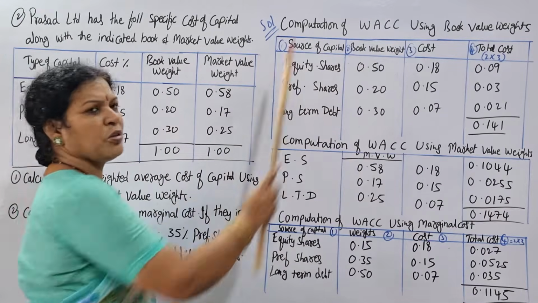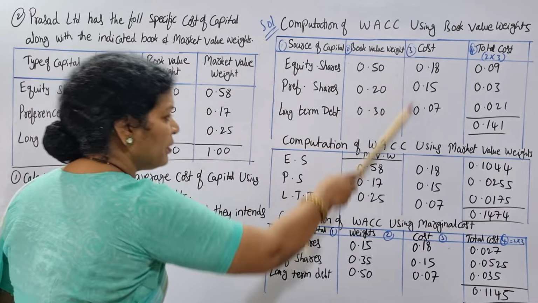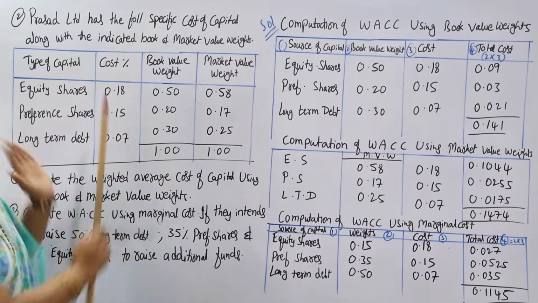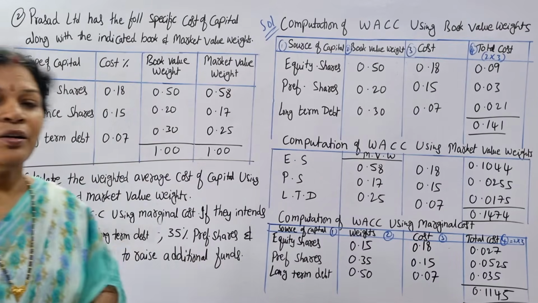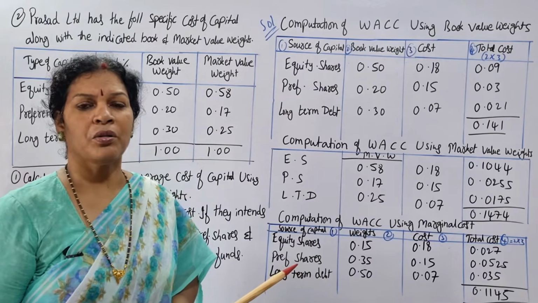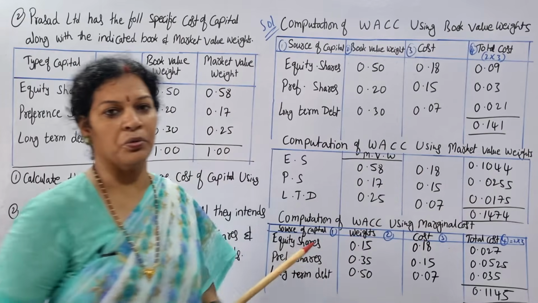The third column is the cost as it is given. Same we have written here. Here also same, here also same, because this is consistent. Now we want the total cost. Same as the previous one, how do we get total cost? Second column into third column equals the fourth column.